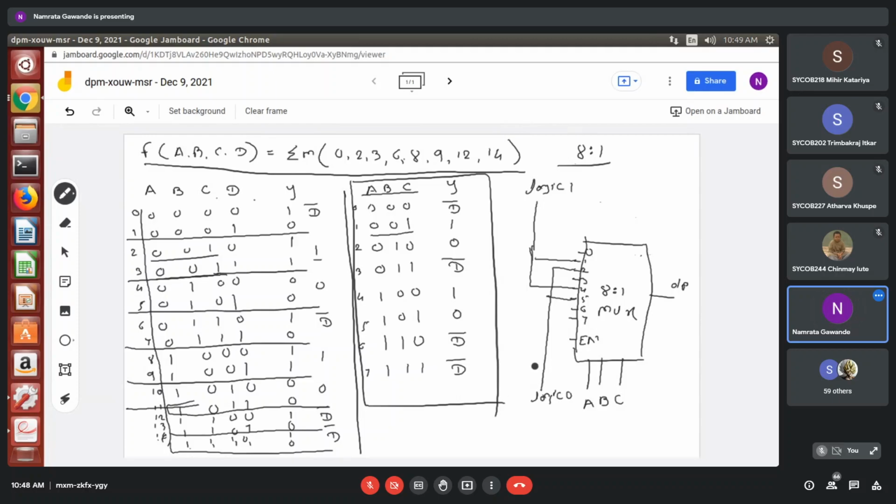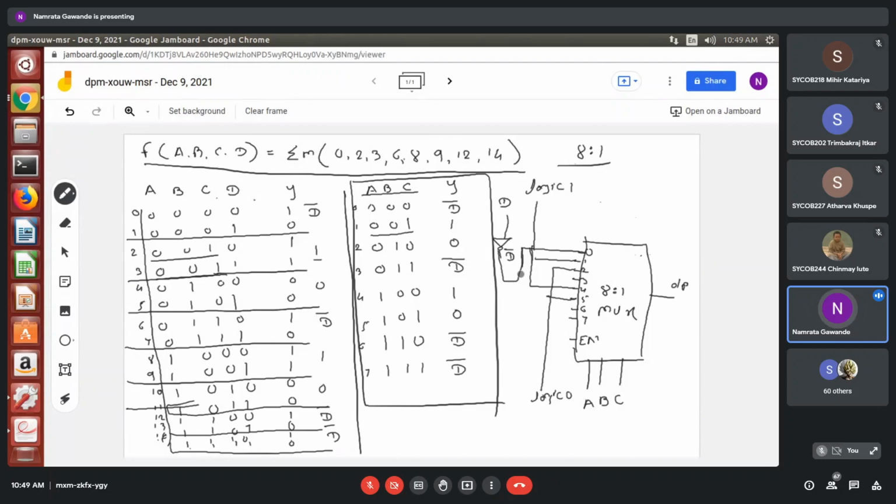After that, here you can see D bar. What you can do is take one input as D, and use the NOT gate because we want the inverted input, that is D bar. If we apply the NOT gate, I'll get D bar as an input, and that you have to provide to the respective inputs.